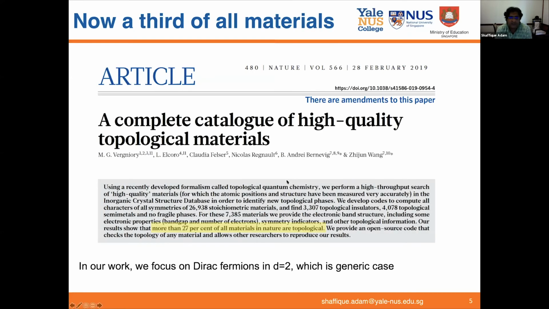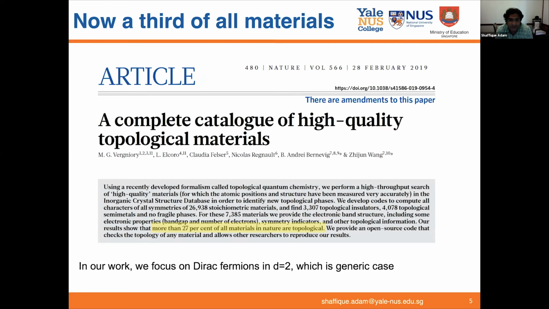And there's this paper by Bernevig and collaborators from last year that tried to use symmetry analysis to look at all the materials known in a database and identify which of them are topological. They found roughly 1/3 of all materials are topological.